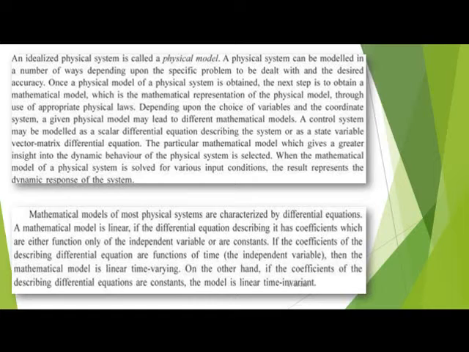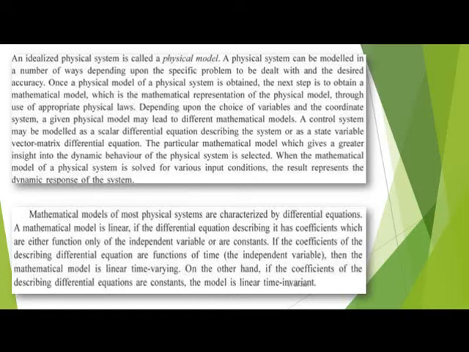Once a physical model of the physical system is obtained, what is the next step? Next you connect it to a mathematical model, which is the representation of the physical model through the use of appropriate physical laws, like Newton's law of motion and Kirchhoff's voltage and current laws. All these physical laws we are applying to this particular system.